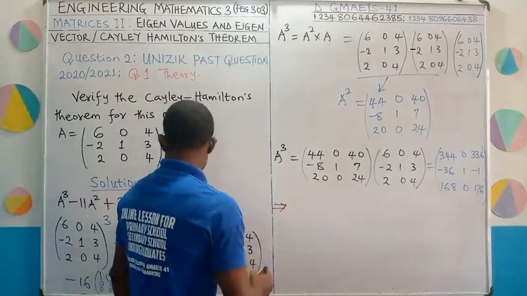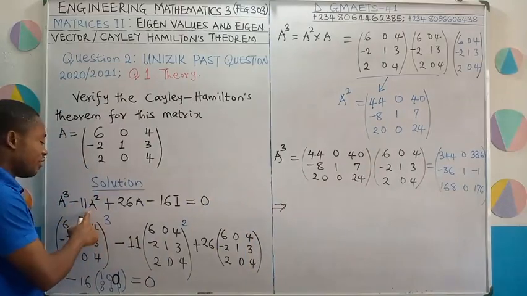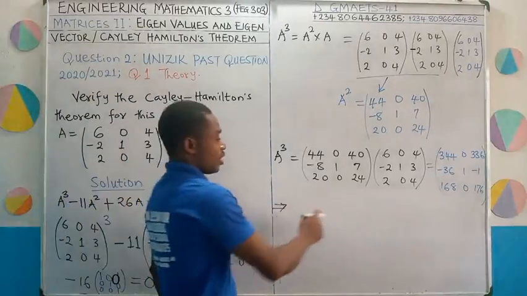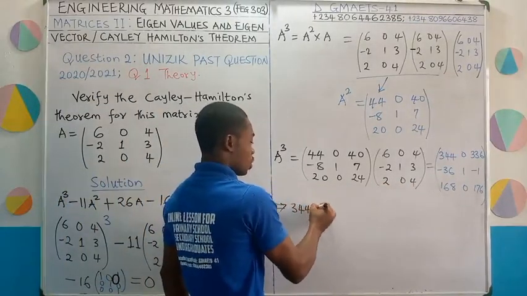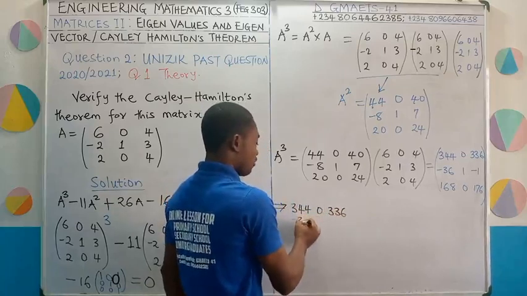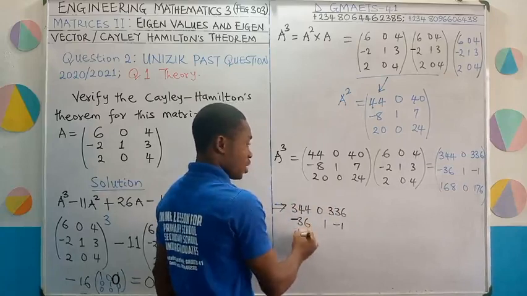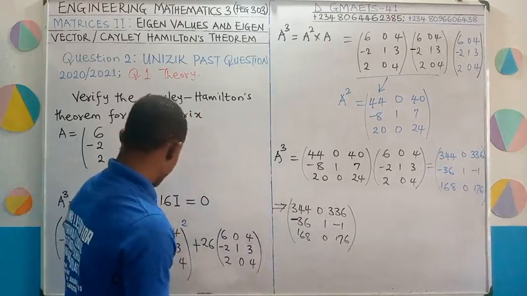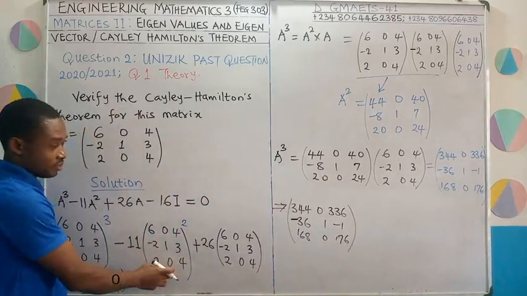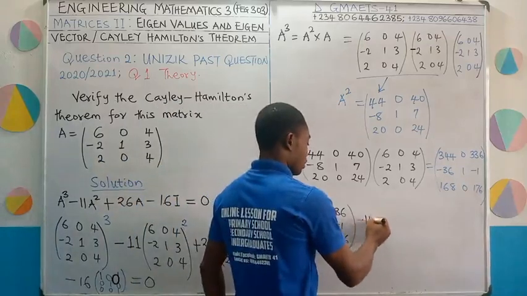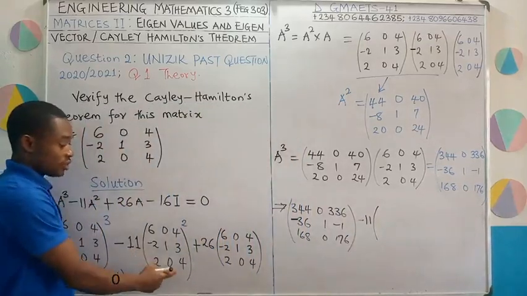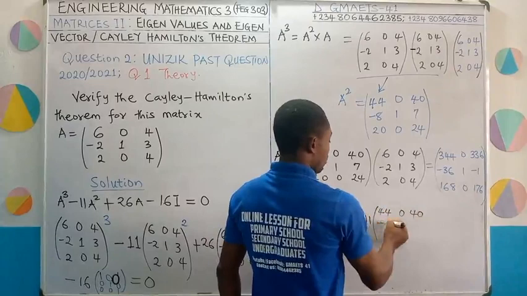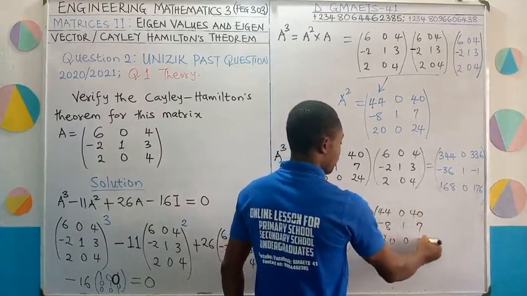So it implies that our A raised to the power 3 minus 11A squared plus 26A minus 16I is going to give us A cube, 3, 4, 4, 0, 3, 3, 6, 36, 1 and minus 1, 168, 0, 176. This is our A cube. Of course, we said we are going to do minus 11 times A squared. And A squared we obtained it to be 44, 0, 40, minus 8, 17, 20, 0, 24.